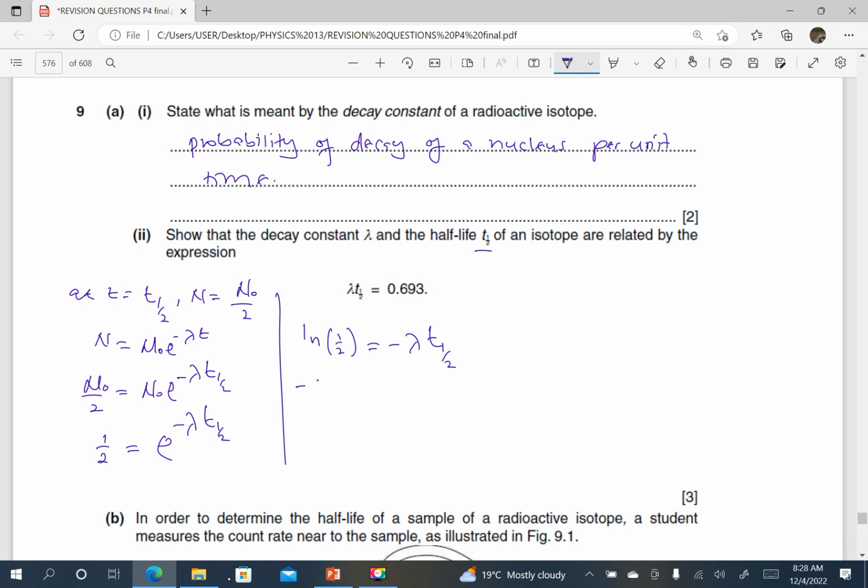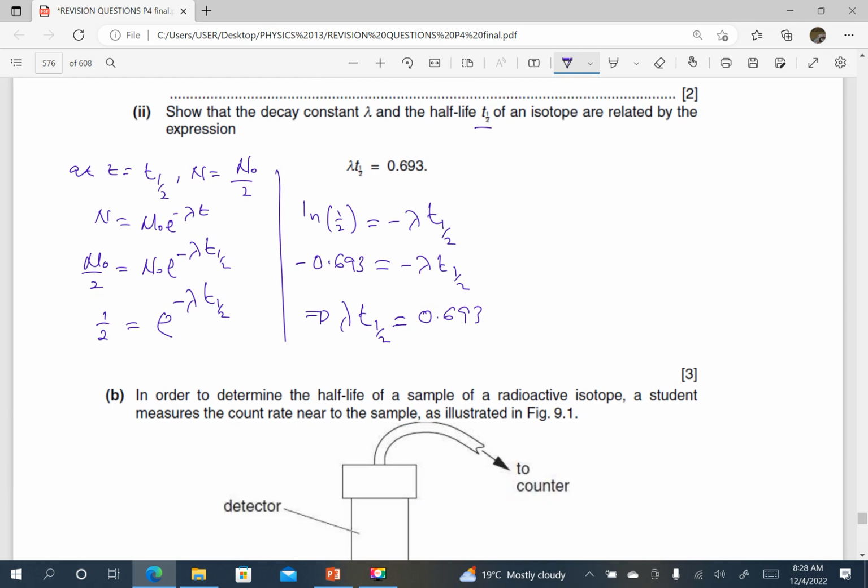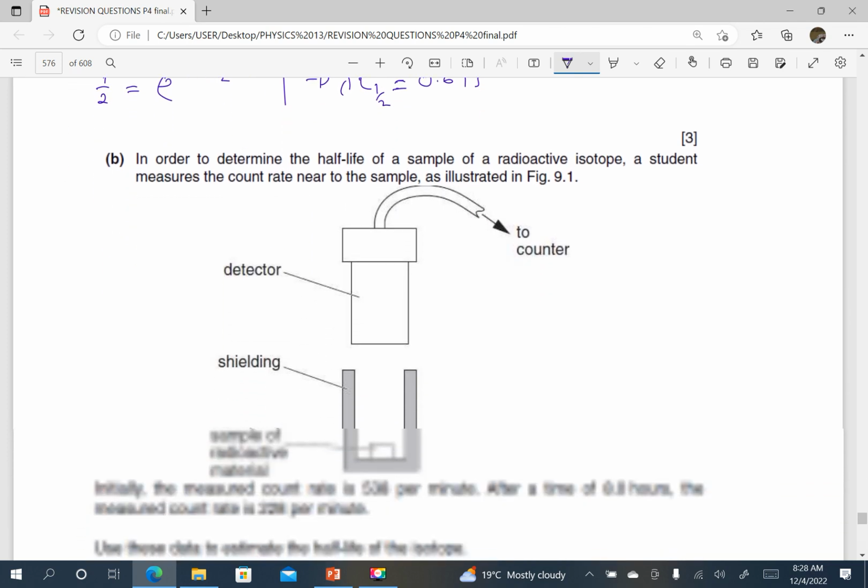So this is negative 0.693, which is equal to negative lambda times T1/2. So we have just concluded that lambda times T1/2 is equal to 0.693 because the negative cancels. That is an easy question. Those 3 marks are free.